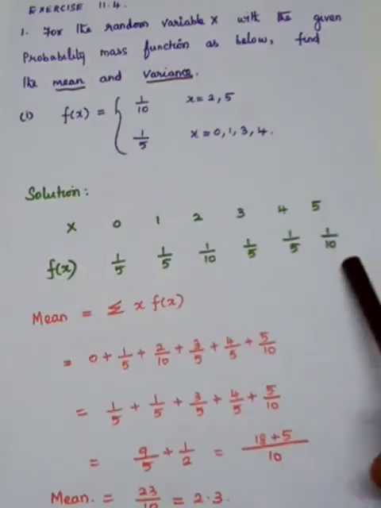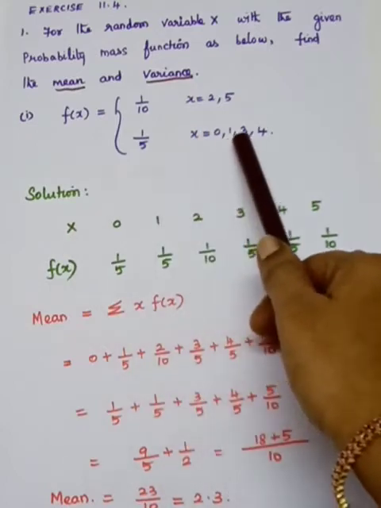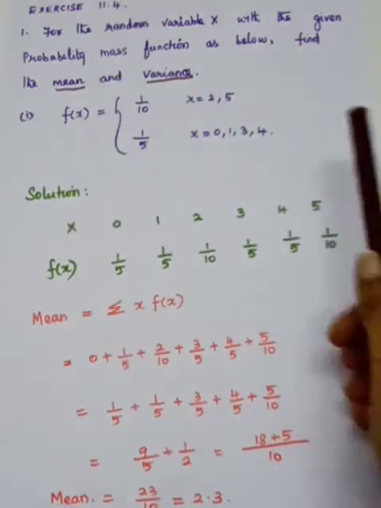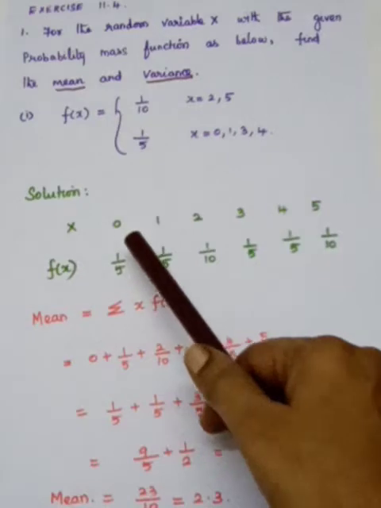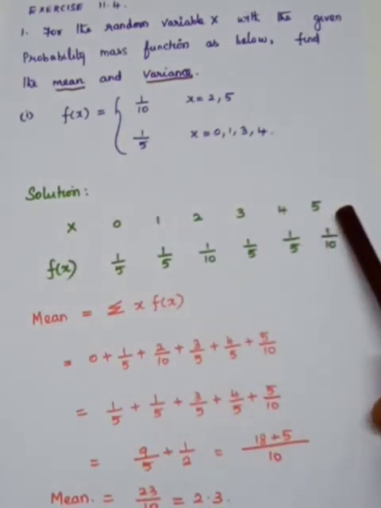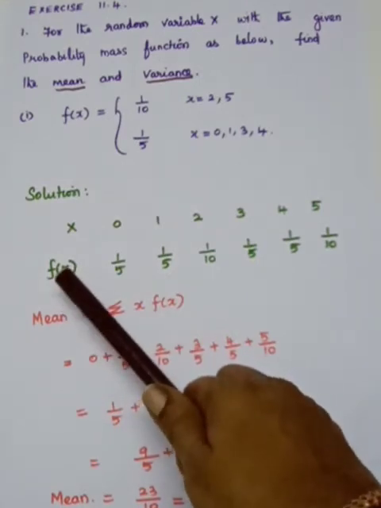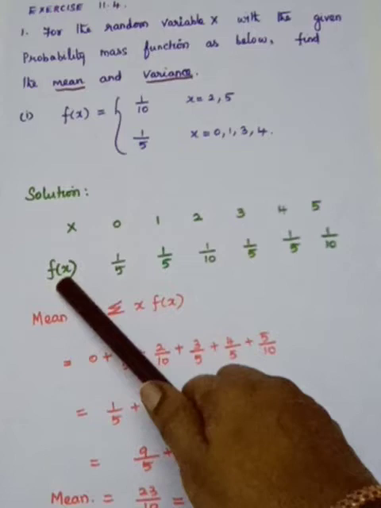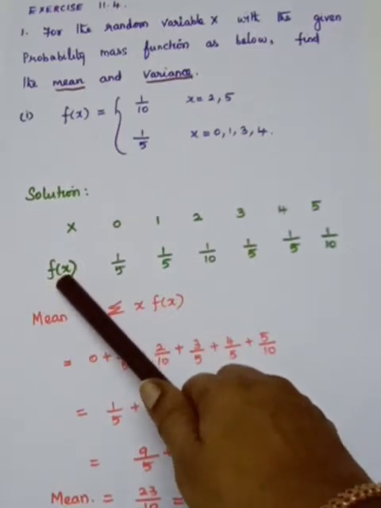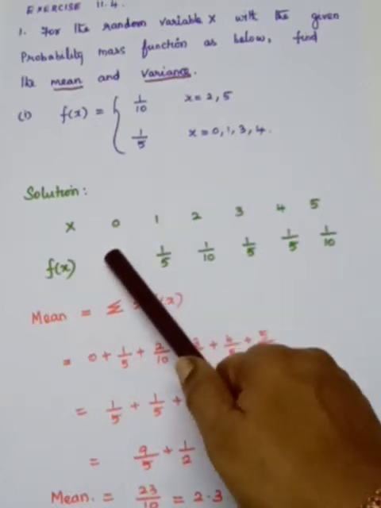So for that I am going to tabulate the result. What are the x values? 0, 1, 3, 4 here, and here you are having 2, 5. So 0, 1, 2, 3, 4, 5 I have written for x. What's the probability? P of x is equal to x, otherwise you can write f of x, since it is a probability mass function. When x is 0, f of x is 1 by 5.